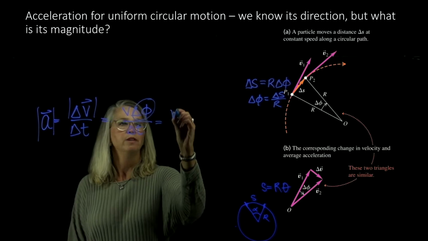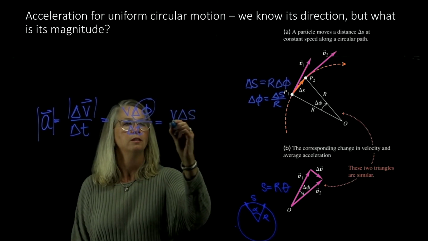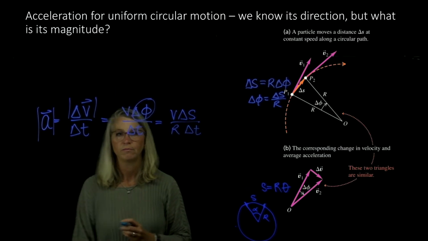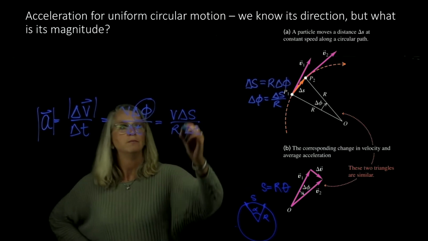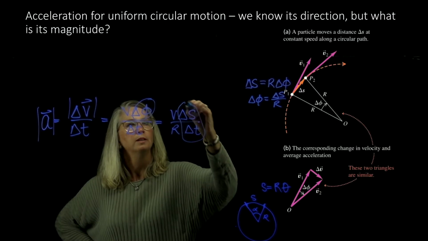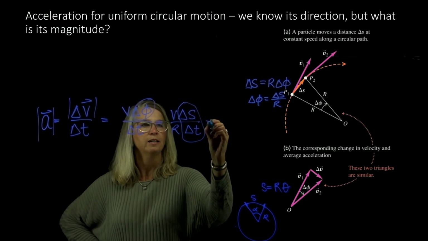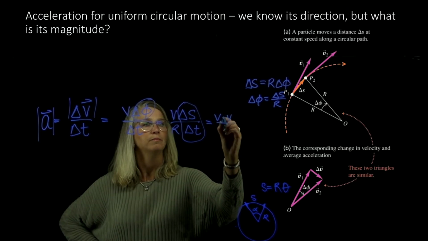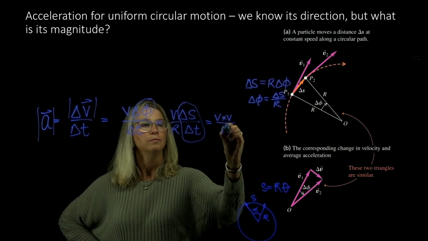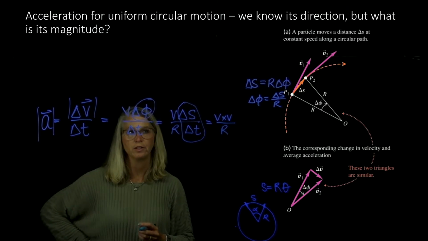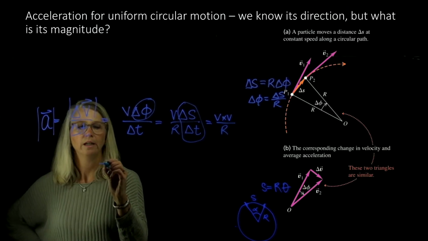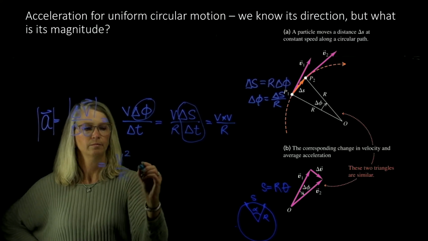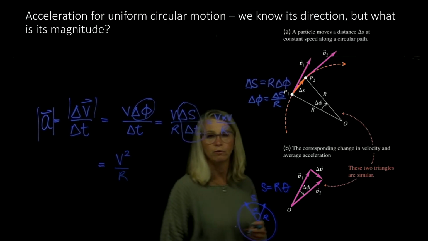I'm going to write it as V delta S over R and then delta t. Now, delta S over delta t can just be written as V, so I have two V's on the top and the R on the bottom, and if I simplify this, I get V squared over R.